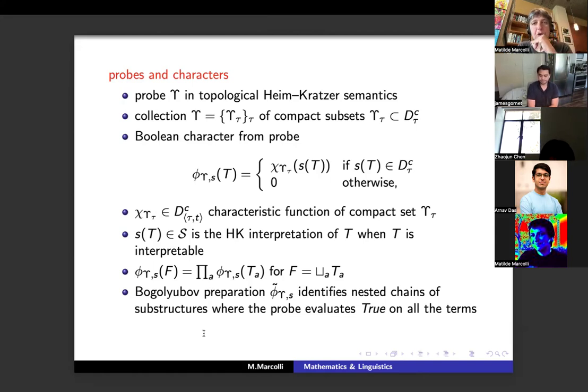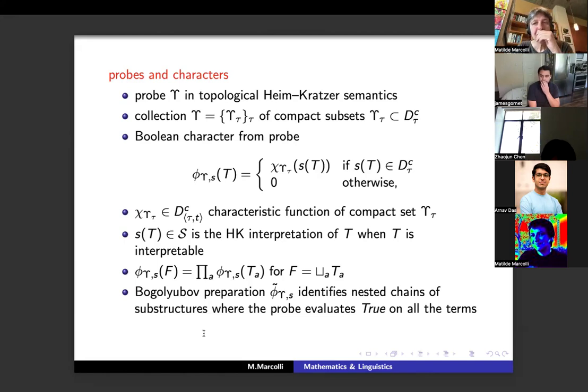So what is a probe in this setting? We were saying in the vector space model of semantics, and I did the example a bit earlier, that I can think of a probe as just picking some vector and then seeing how much agreement or disagreement the vectors assigned to various structures have with my probe, and having a filter that eliminates those that disagree with the probe and keeps the ones that agree with the probe or have some degree of agreement or disagreement.